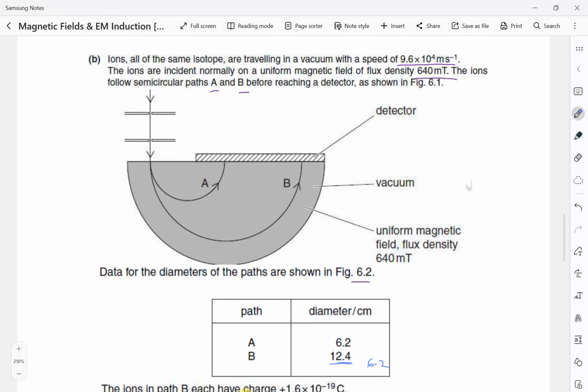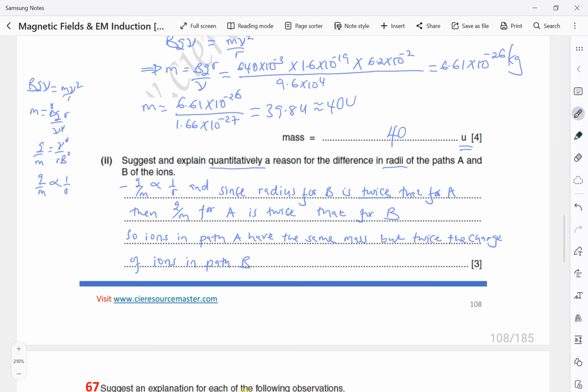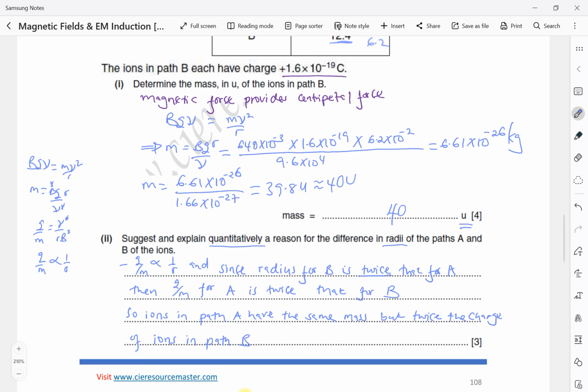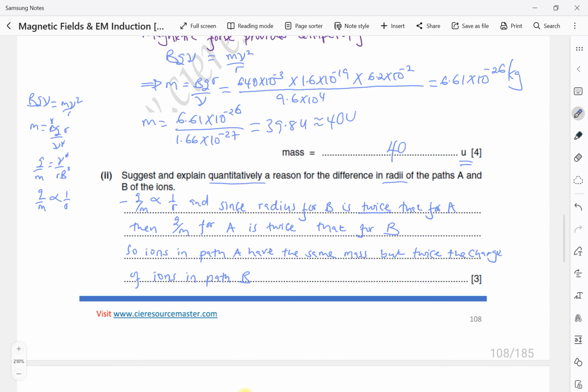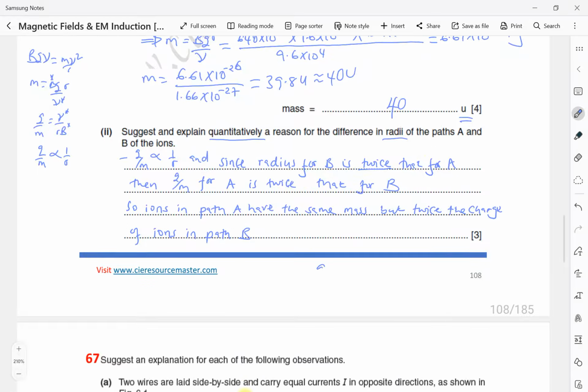The ions are incident normally on a uniform magnetic field as shown there. So because charge to mass ratio is inversely proportional to the radius, and we are seeing that the radius of path B is twice that of path A, it suggests that the charge to mass ratio for A is twice that for B. So if the mass of the ions is the same, then the charge of ions in path A should be twice the charge of ions in path B. In other words, charge is inversely proportional to r if the mass is constant.